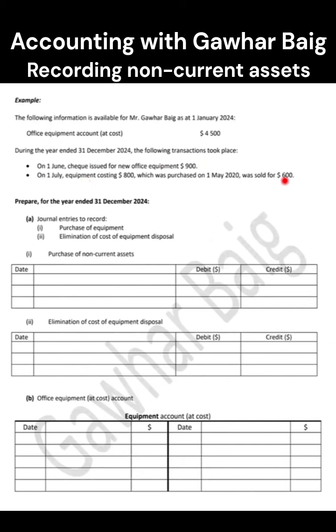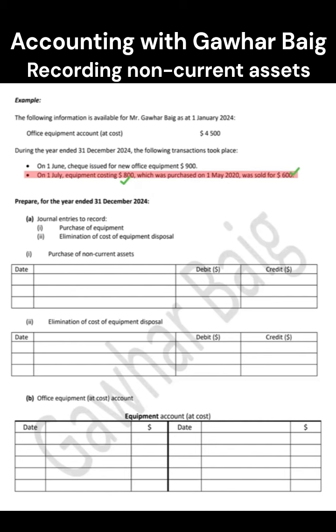So this second transaction, which occurred on 1st July, make sure you understand that they have given you two figures. One is the cost price, another is the selling price of the asset.